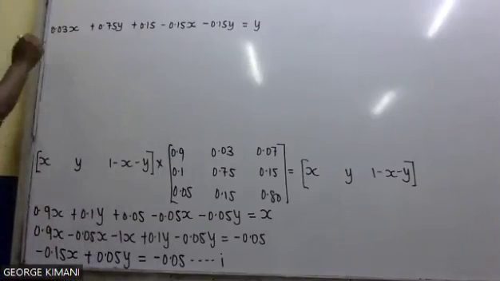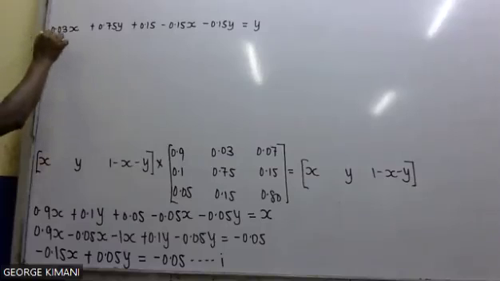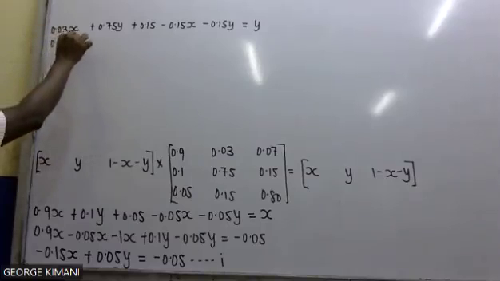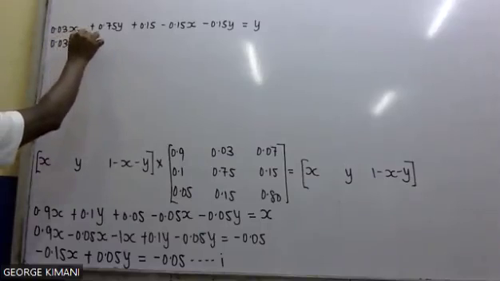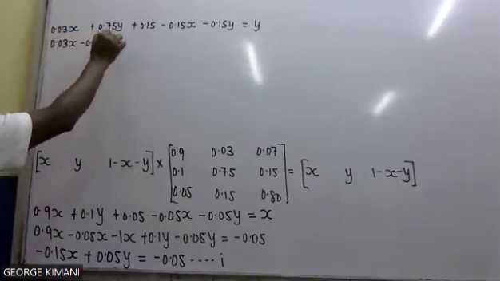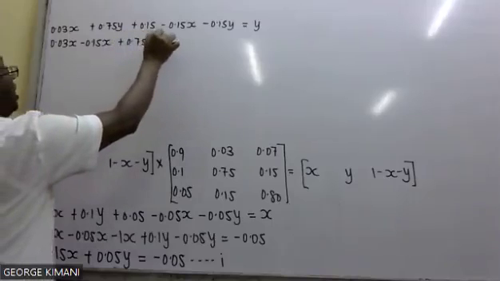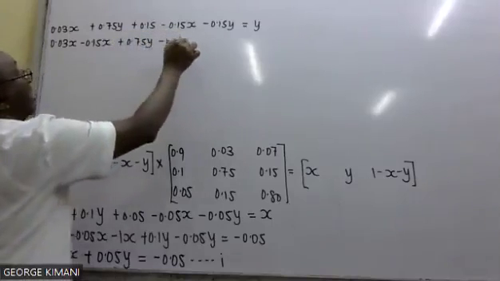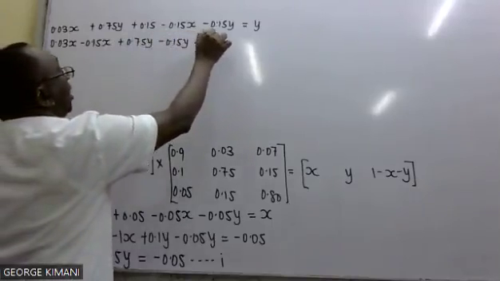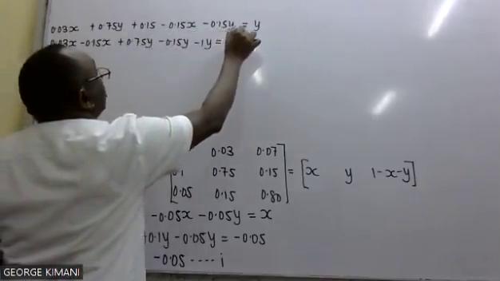So put like terms together here. 0.03x minus 0.15x plus 0.75y minus 0.15y minus 1y is equal to minus 0.15.